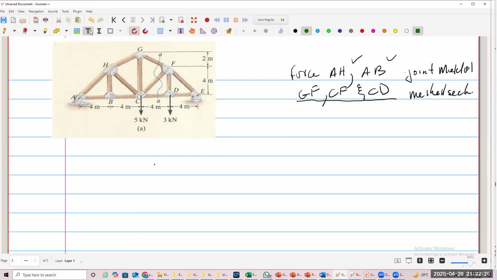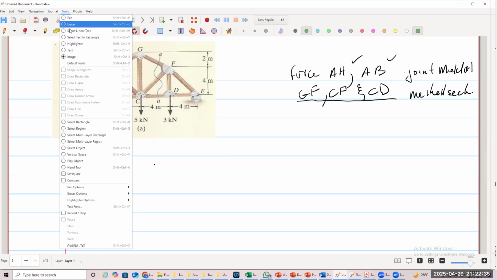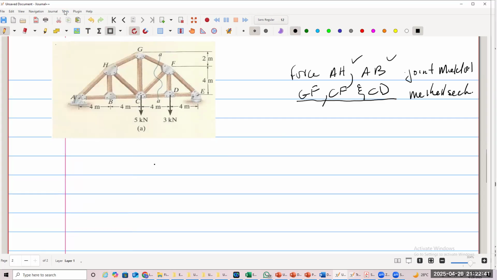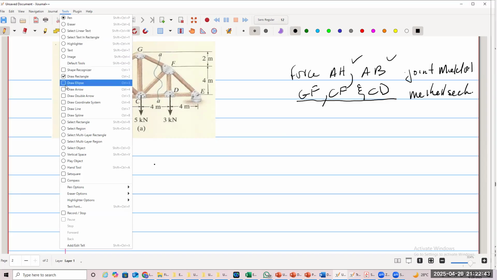Oh, it is on text. How do I get it off text? When it is on text, it's not showing up. Let me see if I go to pen, if they will come back. Yeah, they're back.